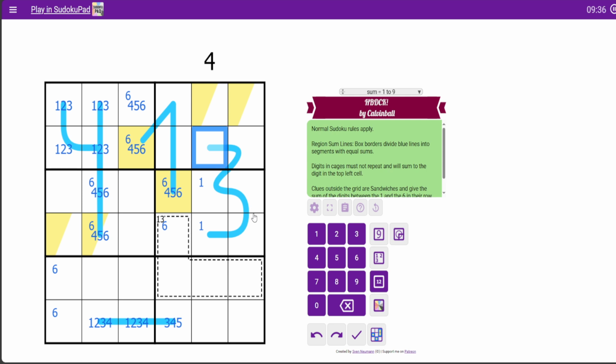Now if we remove the 3 again, these will need to be 1 2 3, and then these would be 4 5 6. Okay, 1 2 3 is definitely on the line, and then we're gonna have 4 5 6 up here, which gives us the 1 2 3 there.